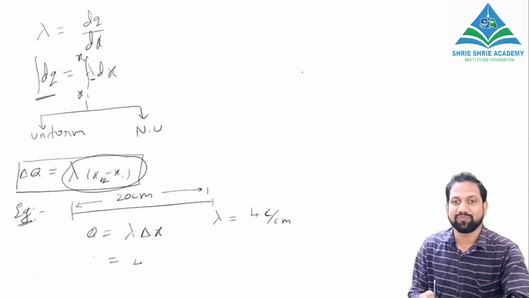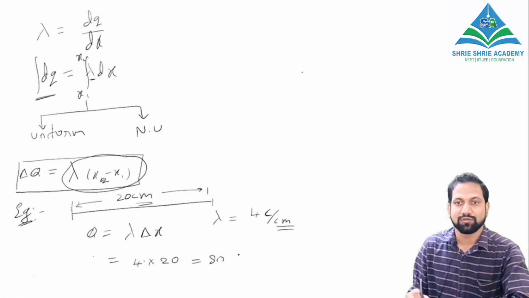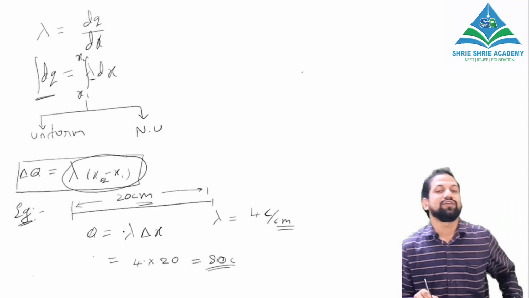Lambda is 4 coulomb per centimeter, into del x, which is 20 centimeters. Centimeters here and centimeters there will cancel. 4 into 20 is 80. So 80 coulomb of charge will be there for the total length of the wire.